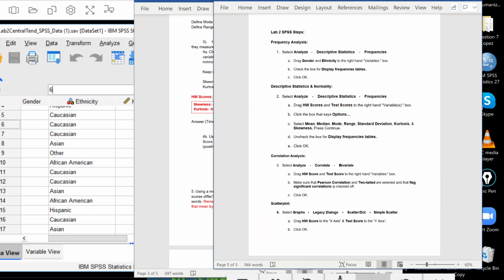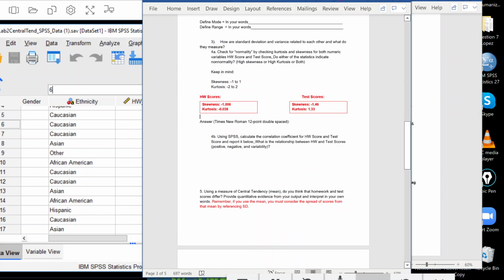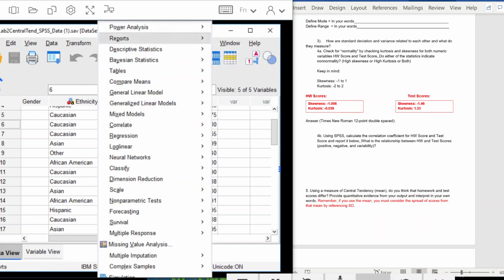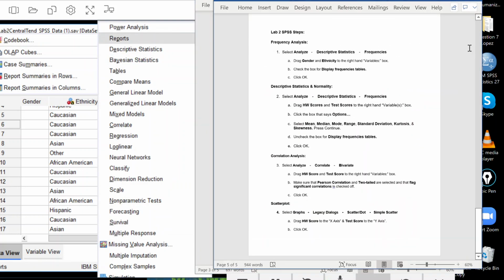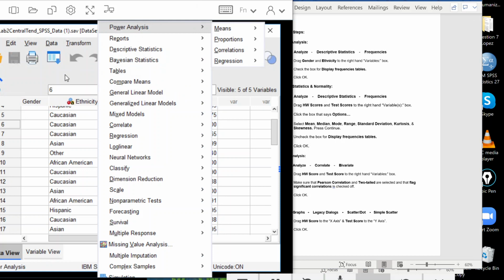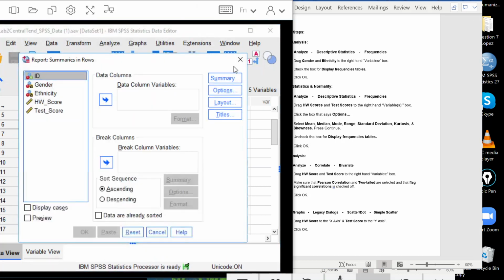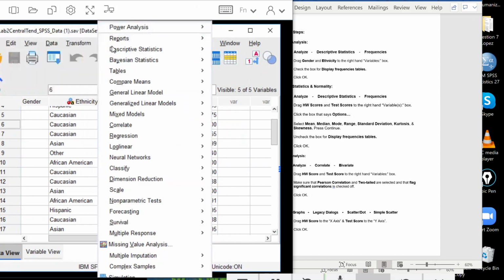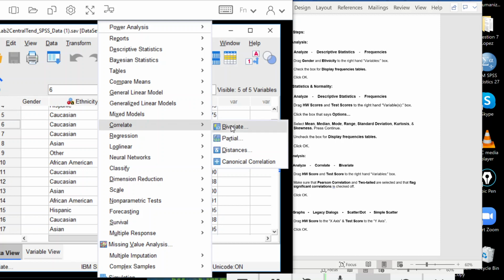Analyze, correlate, bivariate. Let's go ahead and do that. So we go in here, and I'm just following these directions. Analyze, correlate, bivariate.